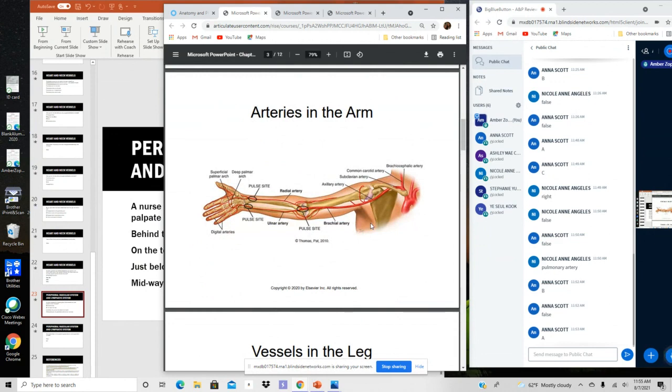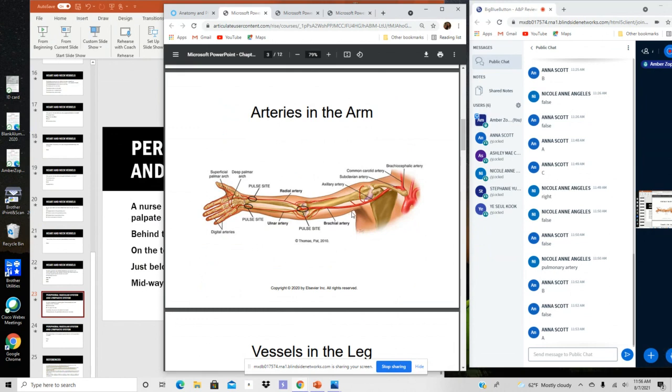So the brachiocephalic artery, as you can see here, branches off the aortic arch and it divides into the common carotid artery, which supplies blood to the head, and then it divides into the subclavian artery, which supplies blood to the upper extremities. As you can see, the subclavian artery continues and it perfuses different parts of the arm.